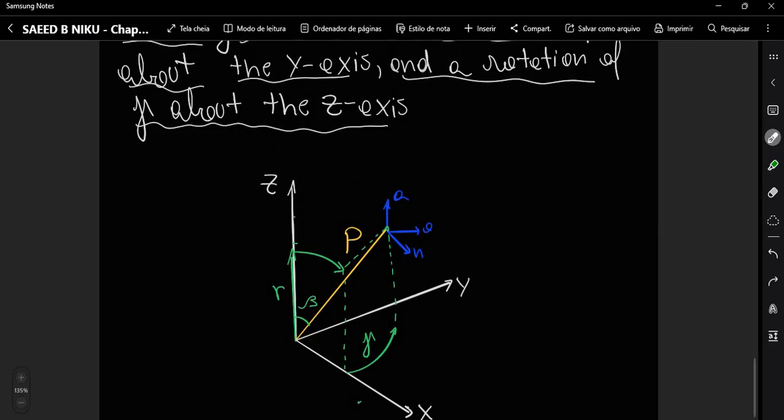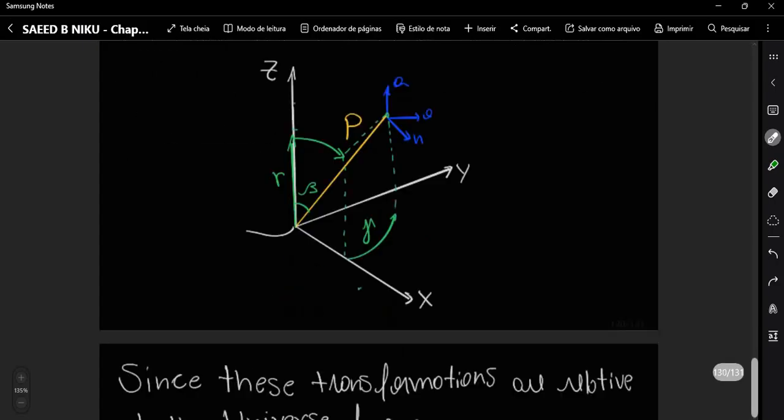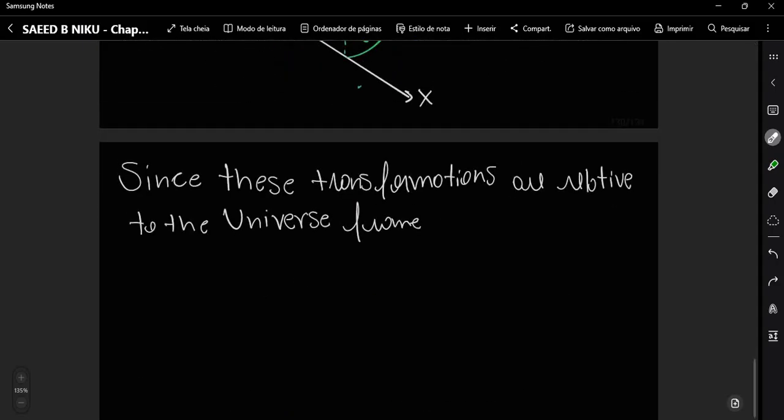But if you remember, we can say that for this universe frame, instead of using the letter U, we will use the letter R, and it is just the nomenclature. We can say that this R is from robot or from reference frame. And we will not use the letter U to write the transformation.